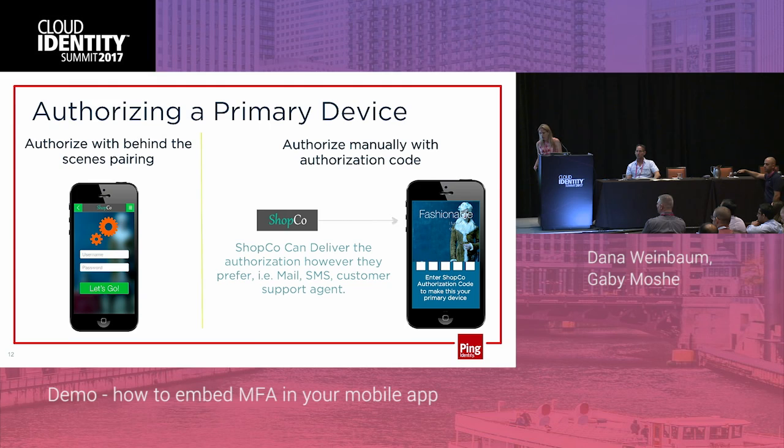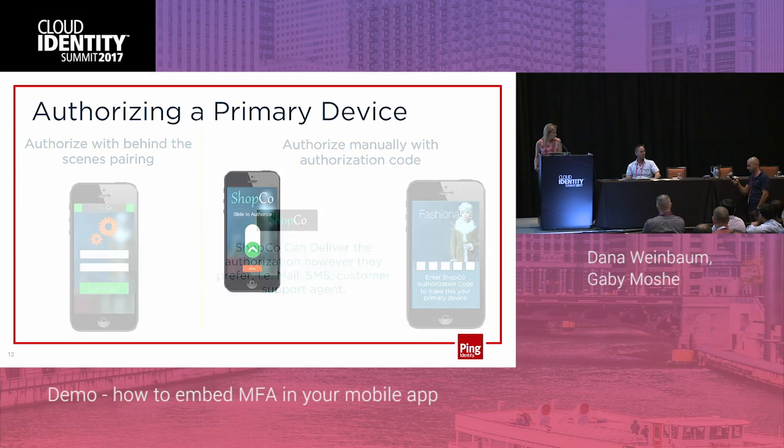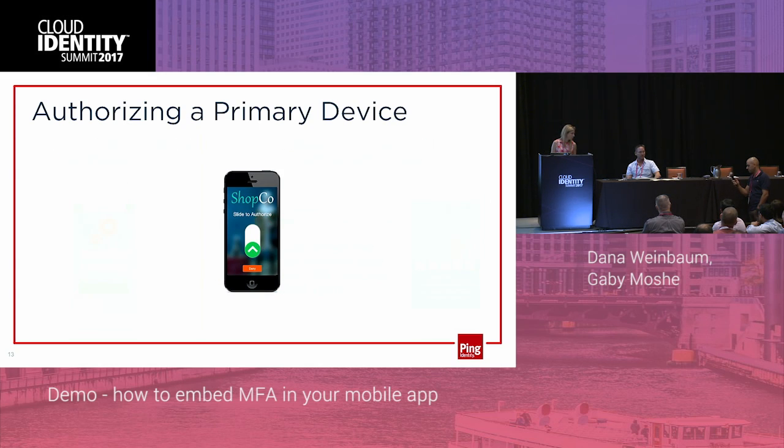Yes? So you're checking the trust based on the device certificate? How are you verifying if this device is a valid device? Are you checking the device certificate? The way it works is the same way PingID generates trust between PingID servers and the mobile app.